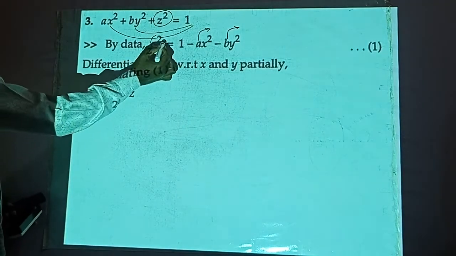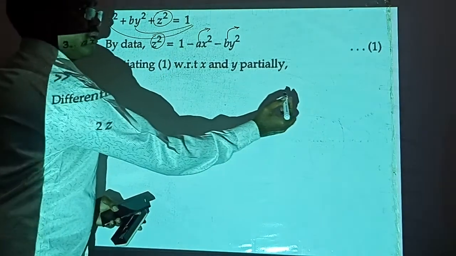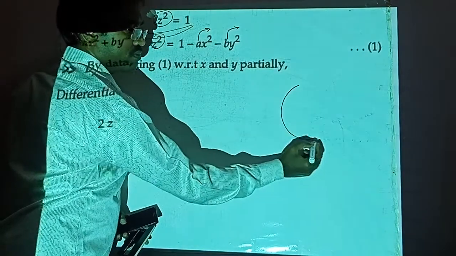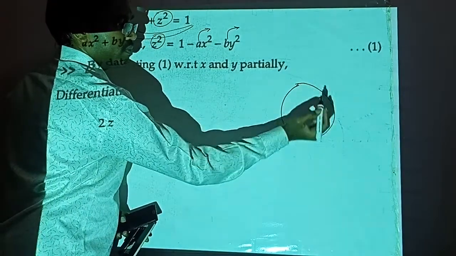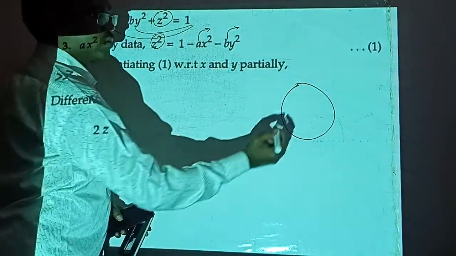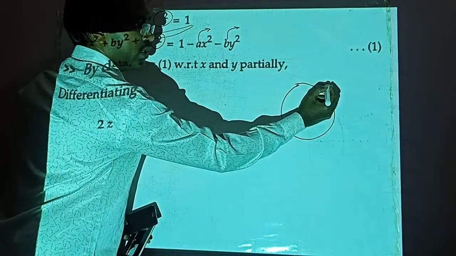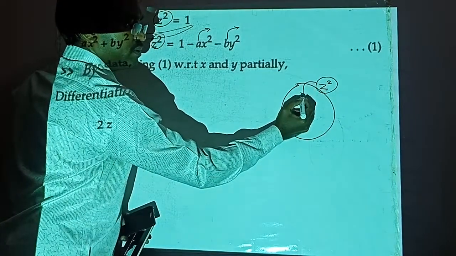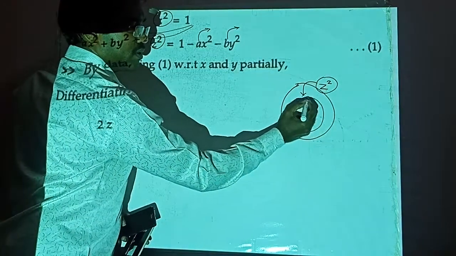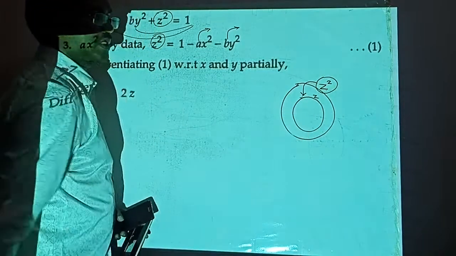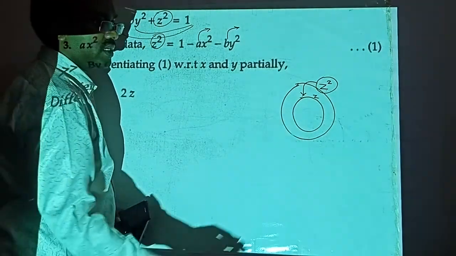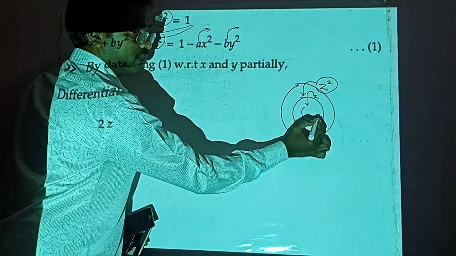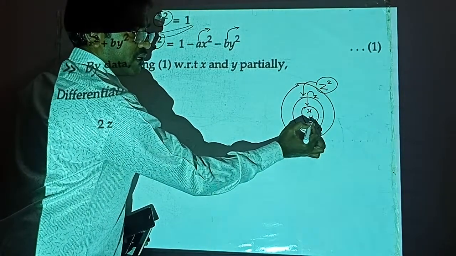differentiation of z square. See here, we have chain rule. Z square depends on the value of z, but again z depends on x and y.